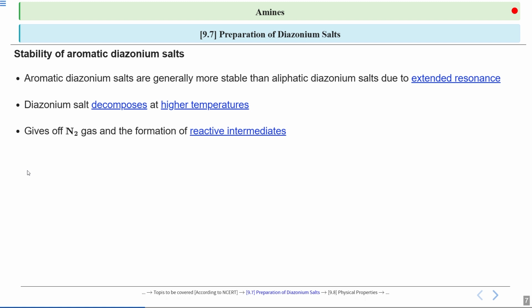At the same time, it forms reactive intermediates, which are short-lived particles that can quickly react with other substances. The release of the nitrogen gas is often visible as bubbling or fizzing, and this is a sign that decomposition is happening.